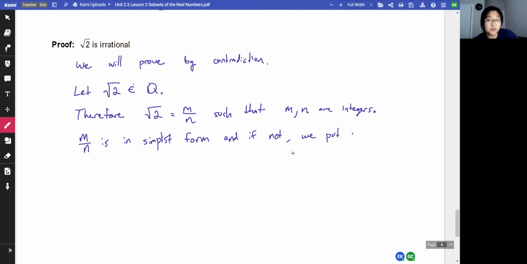So m and n is in simplest form, and if it's not, we can put it in simplest form. All ratios have a simplest form. I'm not sure if we spelled simplest correctly, but that's okay. Can we spell it right? What would it be?